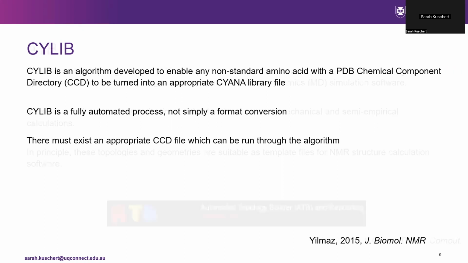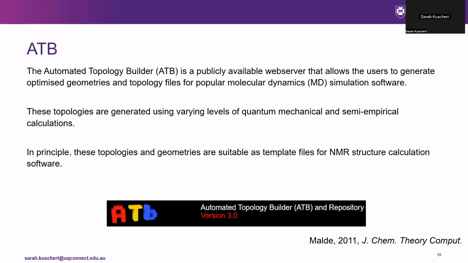So we're fortunate enough to partner with the Molecular Dynamics group here at the University of Queensland, run by Alan Mark. And we used their automated topology builder, which is a publicly available web server and allows users to generate optimized geometries and topology files for popular MD simulation software.